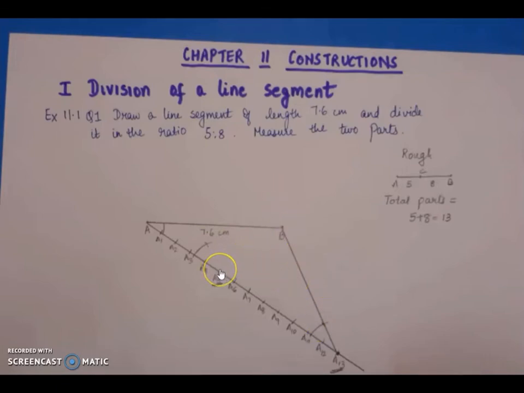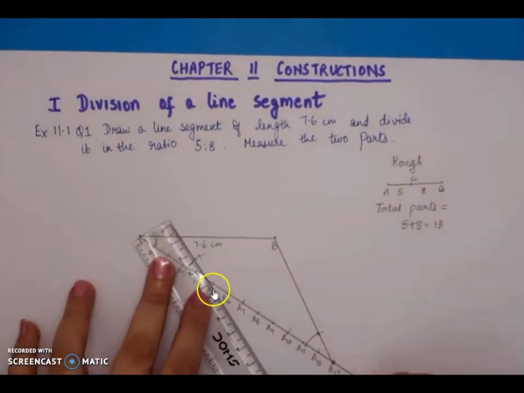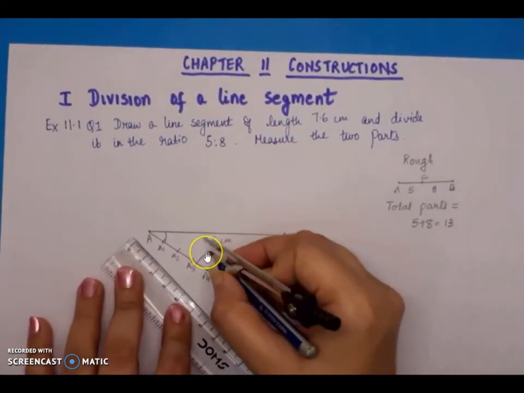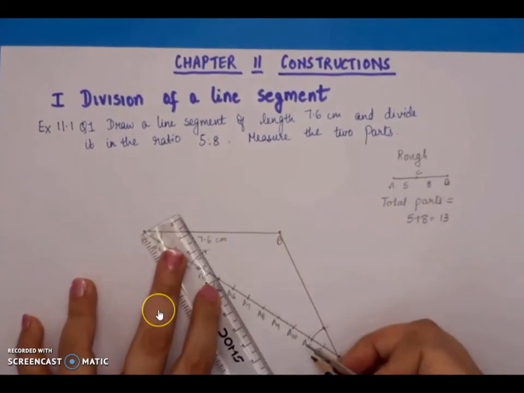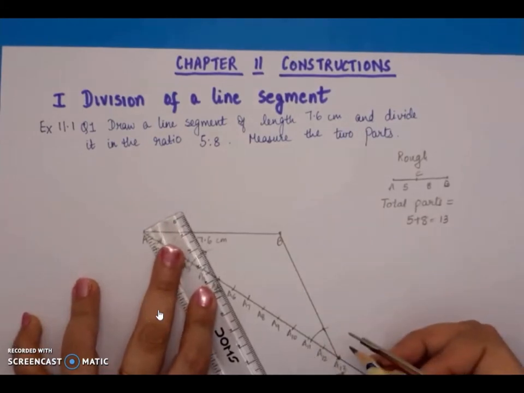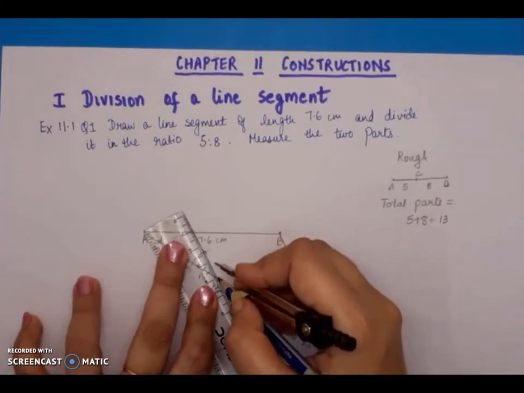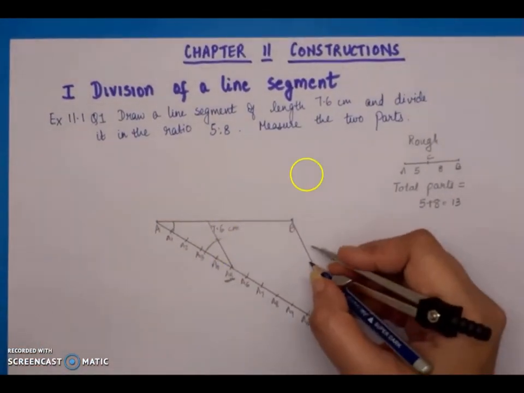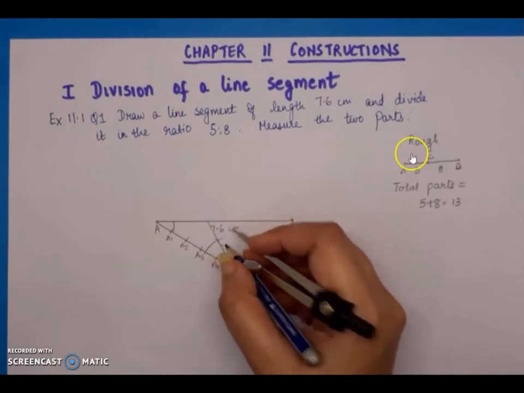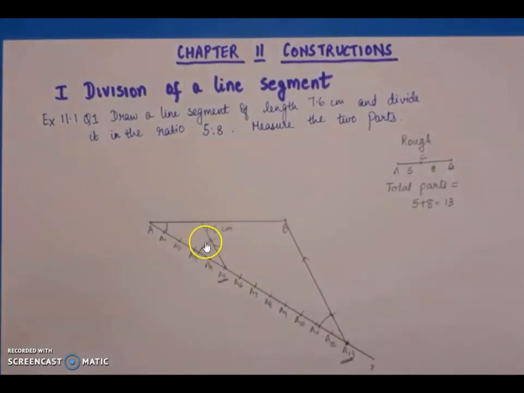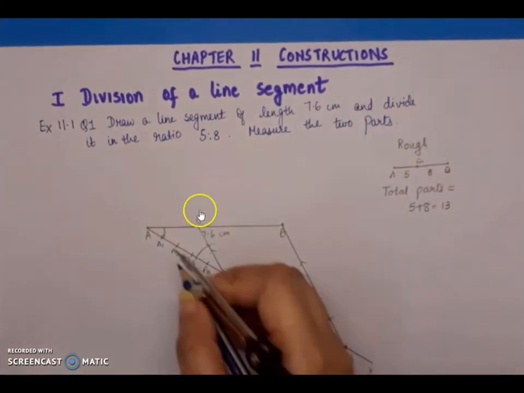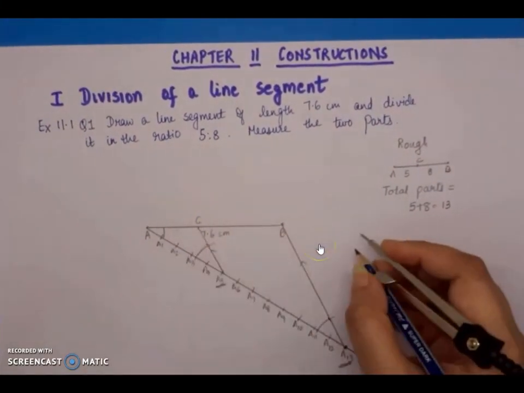So next step is to join A5 to this point where these two arcs are cutting. And the line will be extended. Now these two lines are parallel to each other. This point you can mark as C. So A5C and A13B, they are parallel to each other.